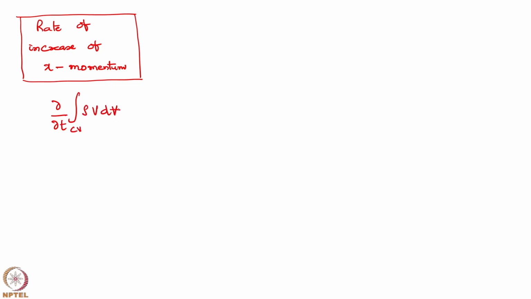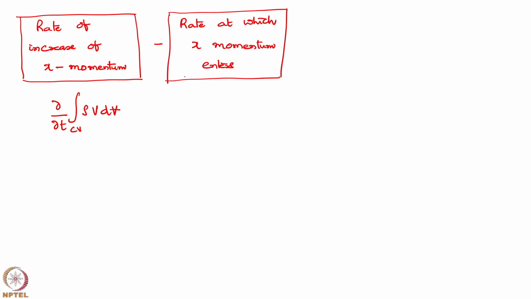V is velocity and this is volume, plus minus the rate at which x momentum enters plus the rate at which x momentum leaves.